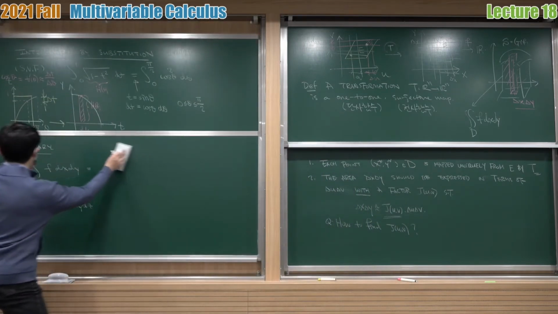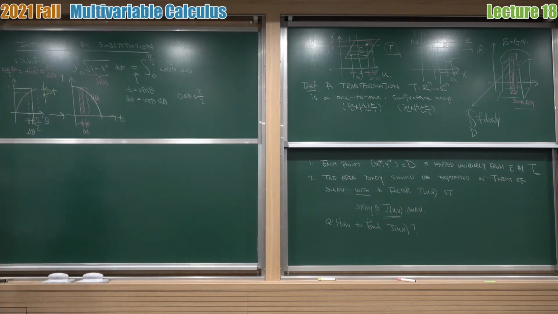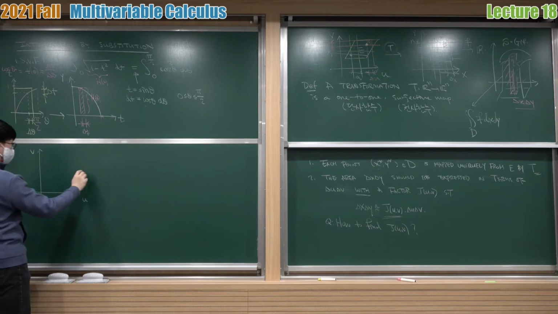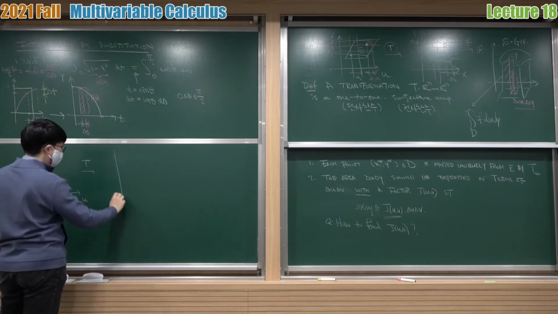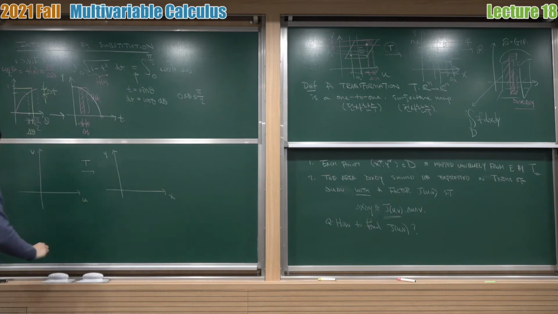Maybe I should erase this and write it later. So let's think about the transformation. Let's focus on the transformation. It's a map from uv to xy.